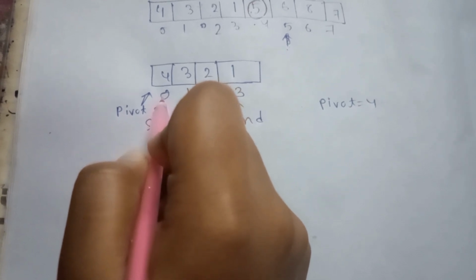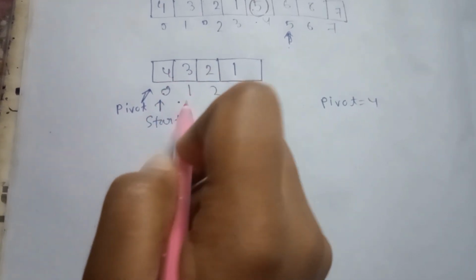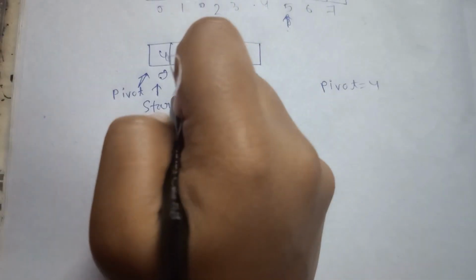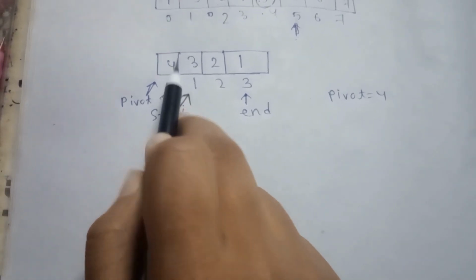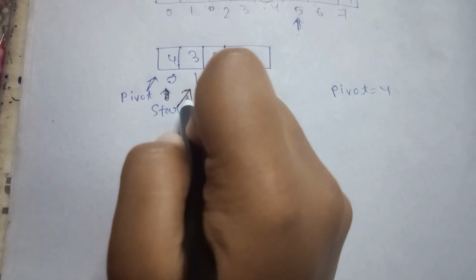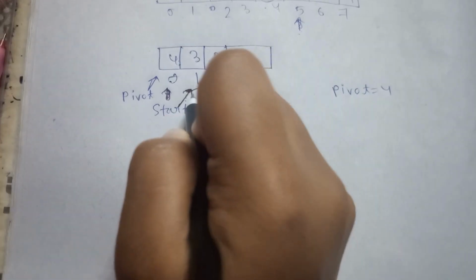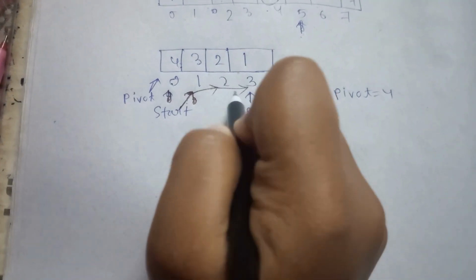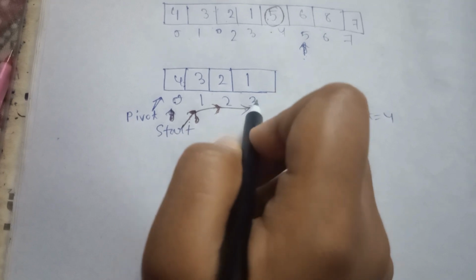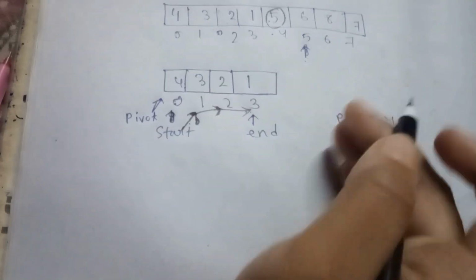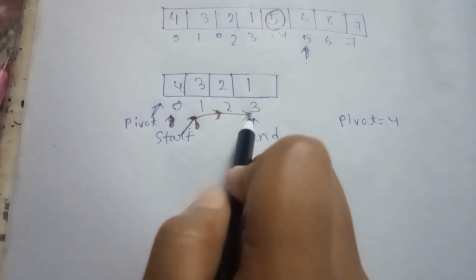4 less than or equal to 4, so increment start. 3 less than 4, increment start. 2 less than 4, increment start. 1 less than 4, increment start. So there is no other element here, so I will stop start here.